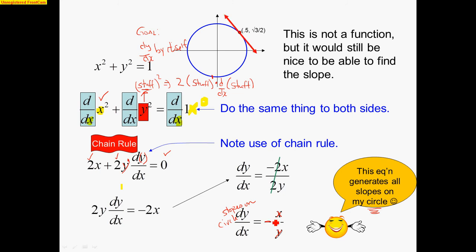The slope of the tangent line is the opposite of the x coordinate, which is 1/2, to the y coordinate, which is root 3 over 2, which of course is 1 over root 3. What do you think that angle is? Math is so cool.